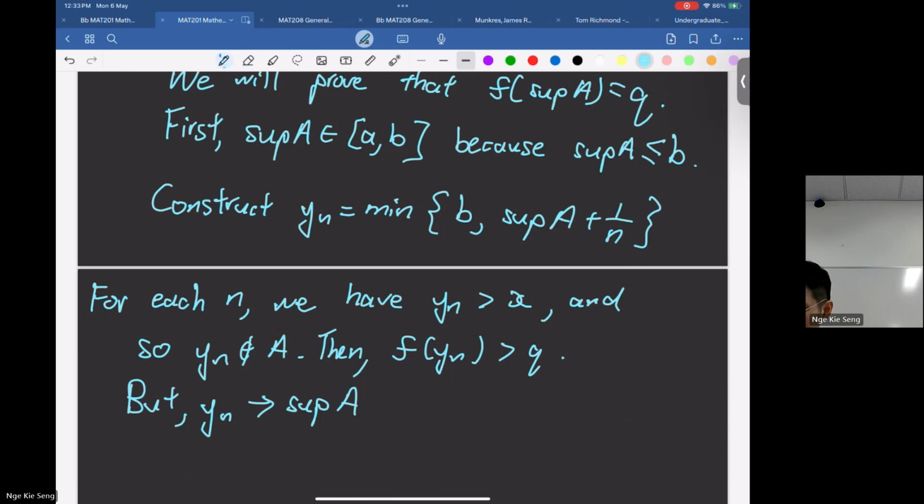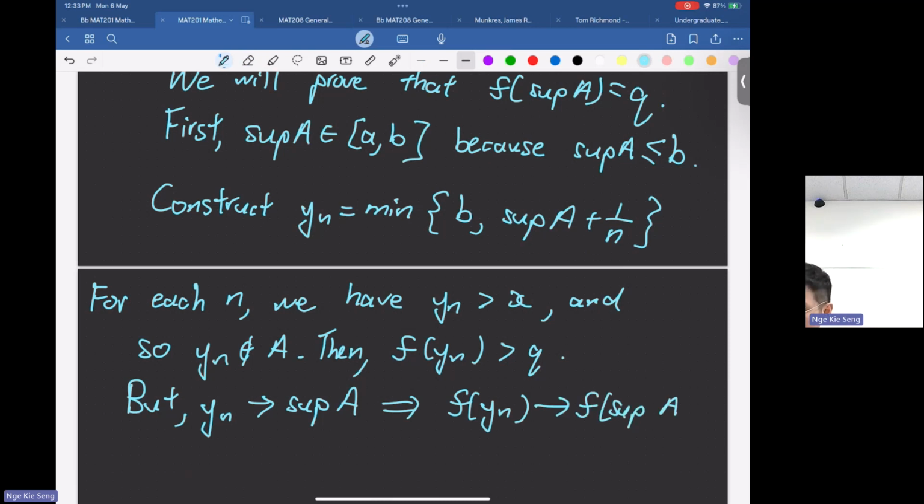So this implies that f of y_n really converges to f of sup A. So what can we do here?